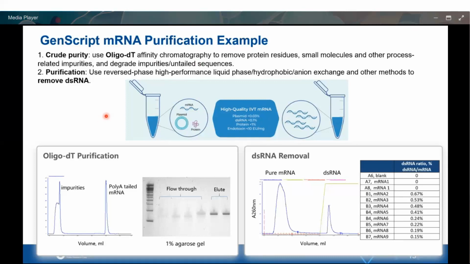And we use hydrophobic exchange and other methods to remove the dsRNA. So here shows you what a high quality IVT mRNA should look like, and here's the QC.